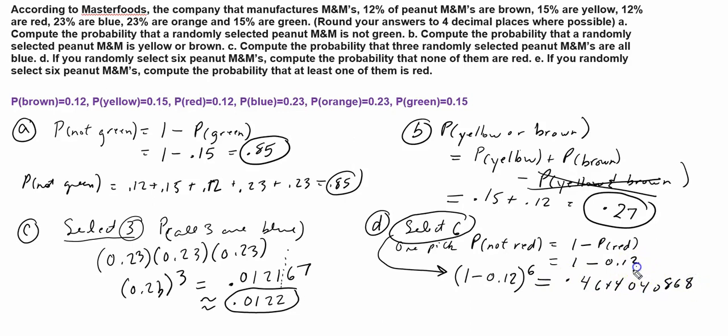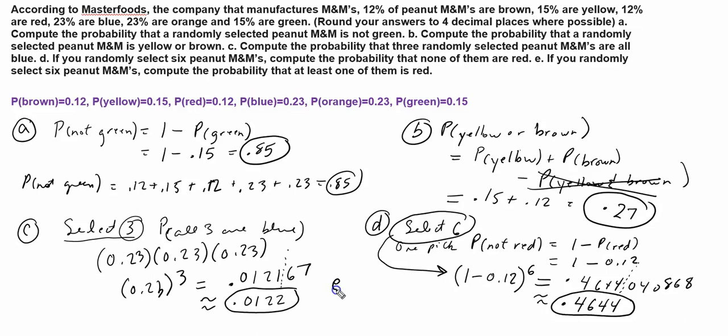And again, if we're rounding to 4 places, this time that won't be changed. So that's going to be 0.4644. That's your answer to part D.